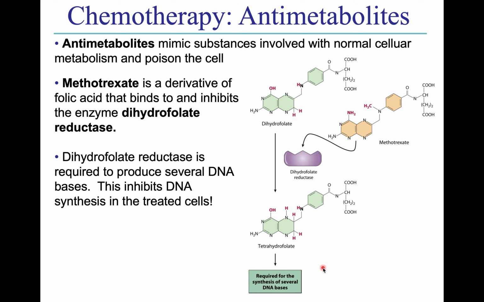And this is required for synthesis of some of the nitrogenous bases that you need for DNA replication, right? So a basic metabolic activity that's important for progressing through the cell cycle. So if you treat with this anti-metabolite, you block that process. Right? The cell is not making those nitrogenous bases that it needs, and DNA synthesis is effectively blocked.